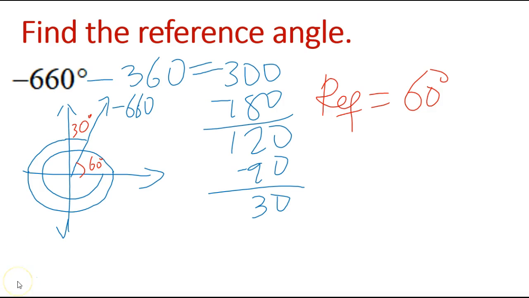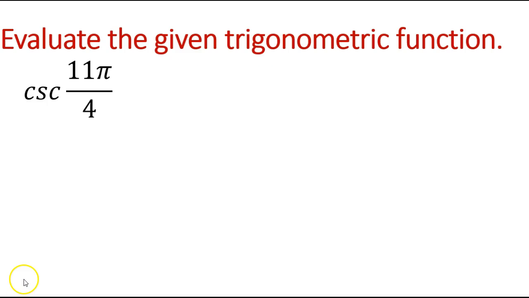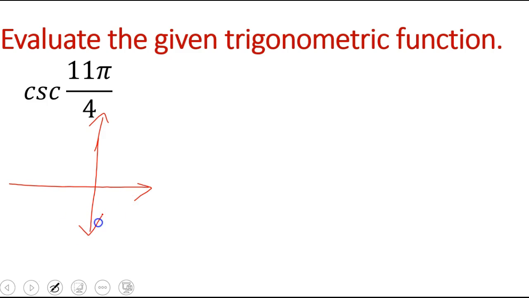So now let's evaluate functions. Here, evaluate cosecant of 11 pi over 4. Seeing the denominator is 4, this goes in fourths, so if you can just try to draw the picture. So 11 pi over 4.